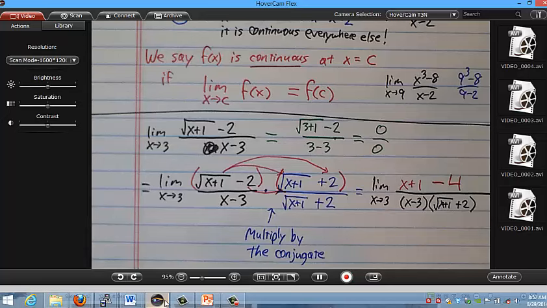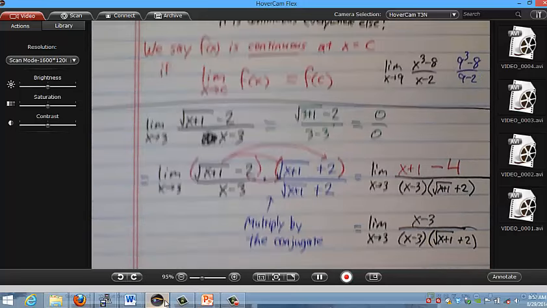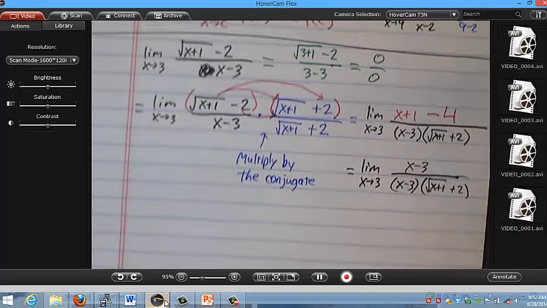And one question you might have is, did this help at all? Well, it did. How come? What do you have in the numerator? See, you have x minus 3. Lucky. Well, it's kind of by design, this problem. What happens? The x minus 3's cancel.